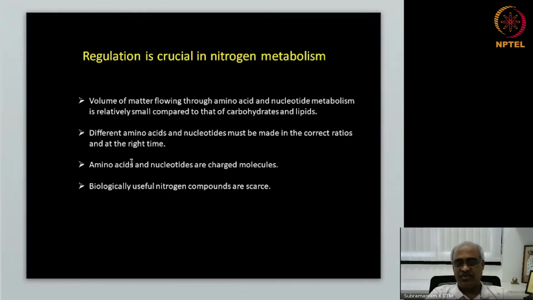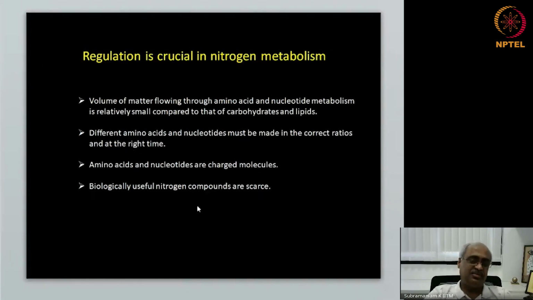A third point is that amino acids and nucleotides are charged molecules. These have phosphates attached and therefore they are significantly acidic molecules. And these have amino group and carboxyl group, both charged. When you are playing with charged molecules, you can't have too much of them, or you will create electrochemical gradients. So this needs to be tightly regulated.